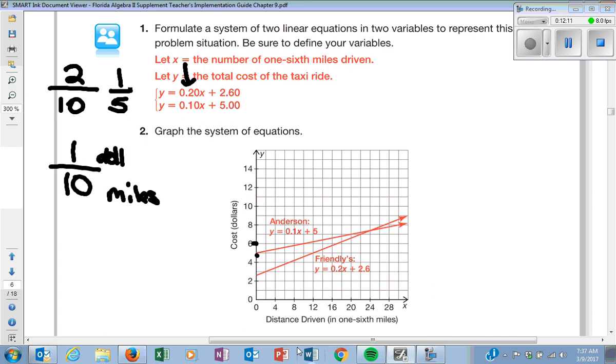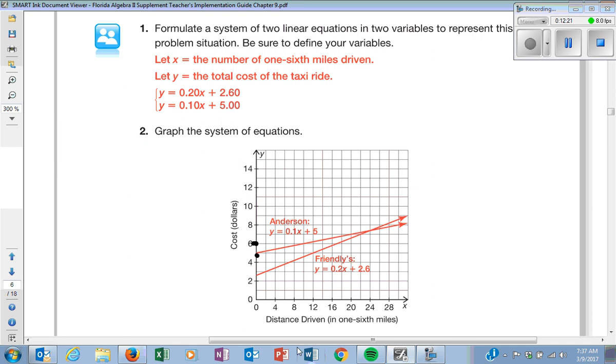Right? Because 10th, actually no, this is 1/6 of a mile. Let's see how we're going to do that. Oh, right here. Do you see that they did this in 1/6 of a mile already? So what is this? 4/6 of a mile. You with me on that?